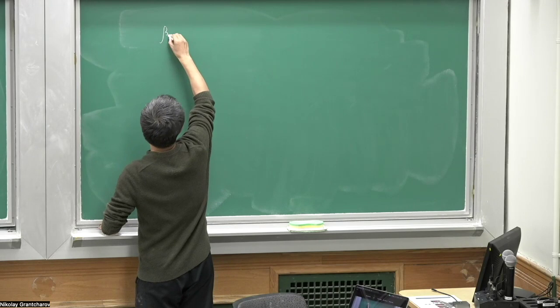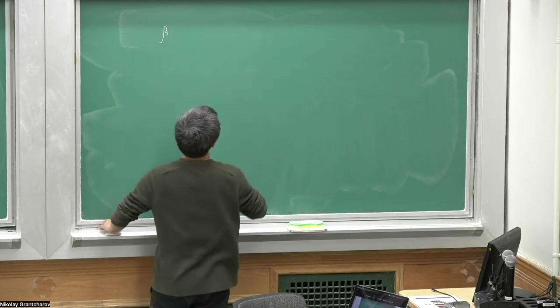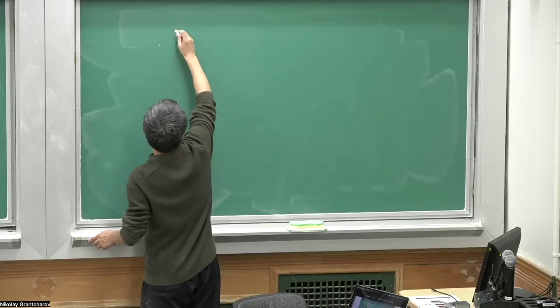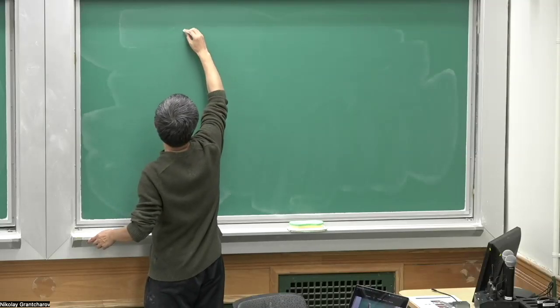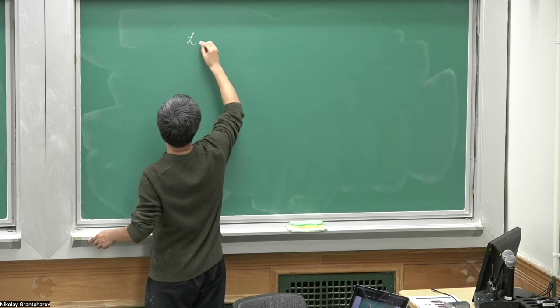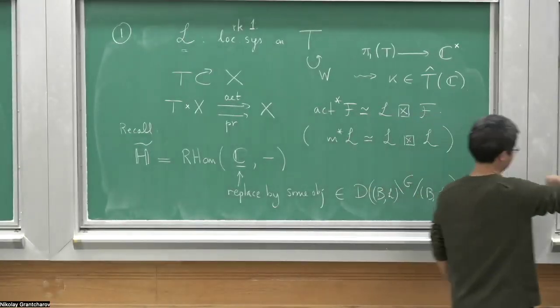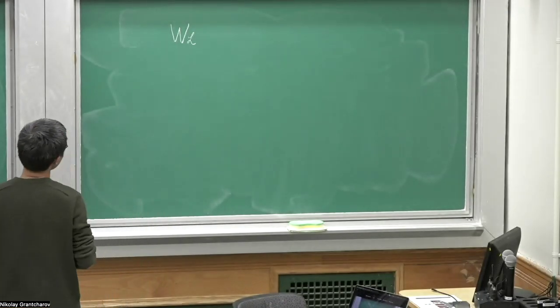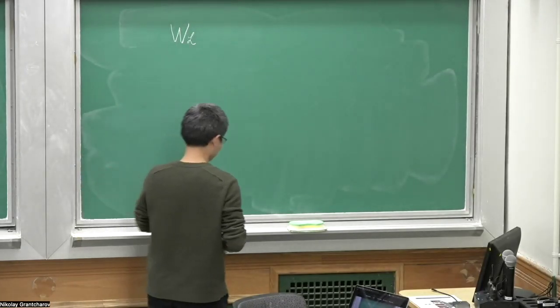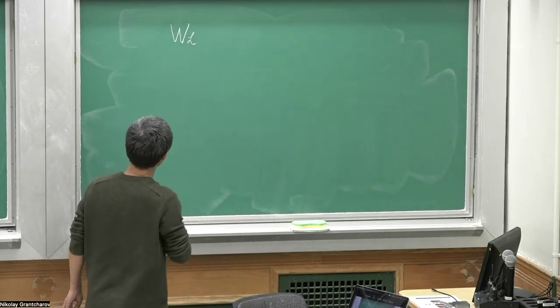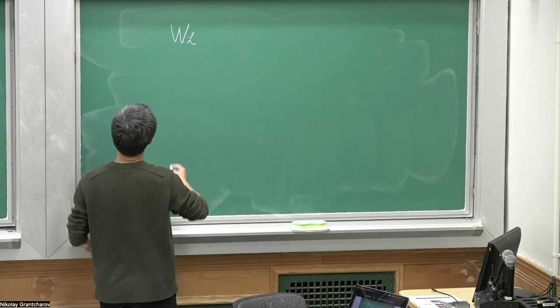And how do we index these blocks? We have this local system on the T, and under the Weyl group action, we look at its stabilizer subgroup of the Weyl group. This is in general not a Coxeter group anymore.